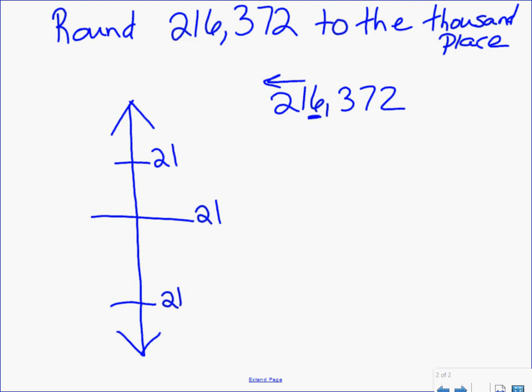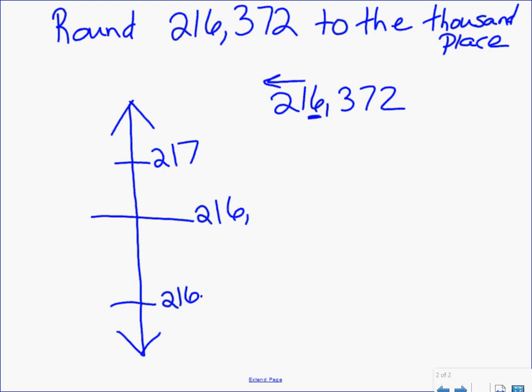What does change is that thousands place. It's either going to stay the same, so I'm going to put a 6 here, or it's going to go up to the next 1,000, which would be that 7. And then I would put a 6 here and then a comma.